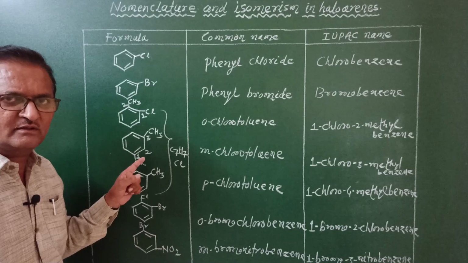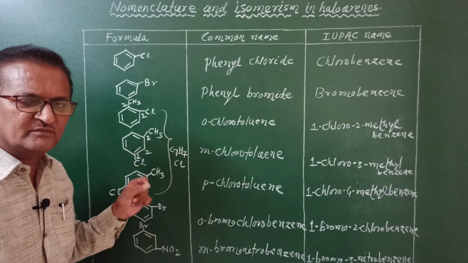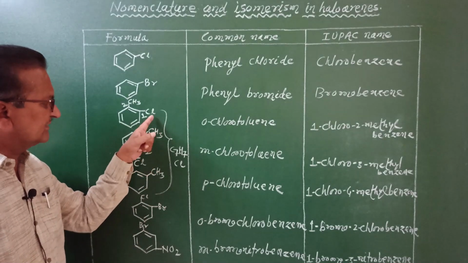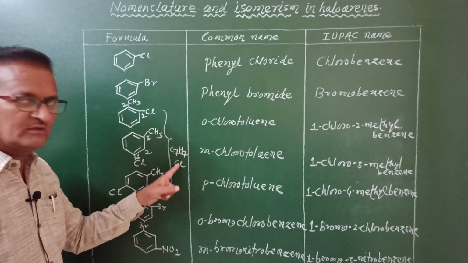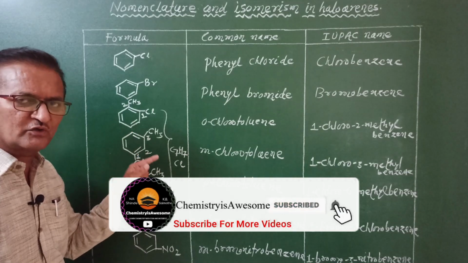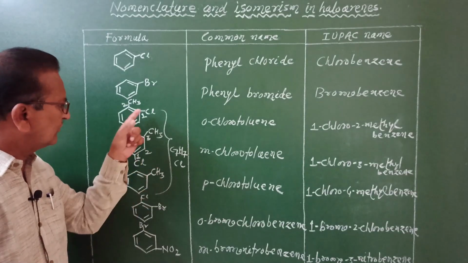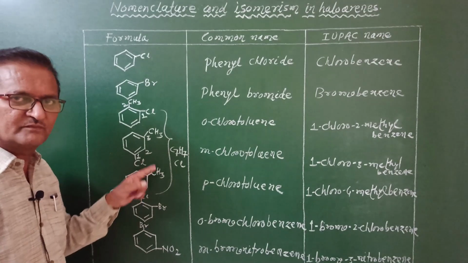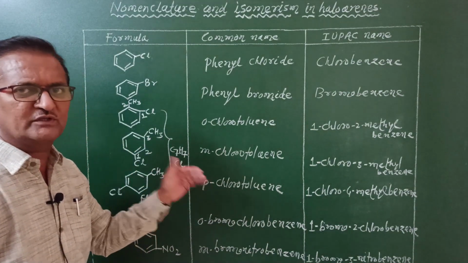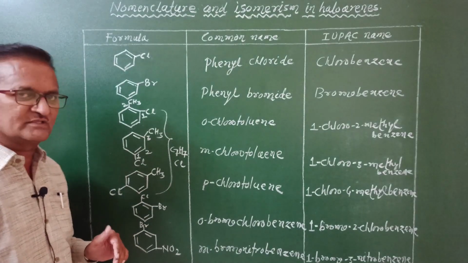How to define position isomerism? The compounds having the same molecular formula but differing in position of substituents on the benzene ring are called position isomers of each other, and the phenomenon is known as position isomerism.